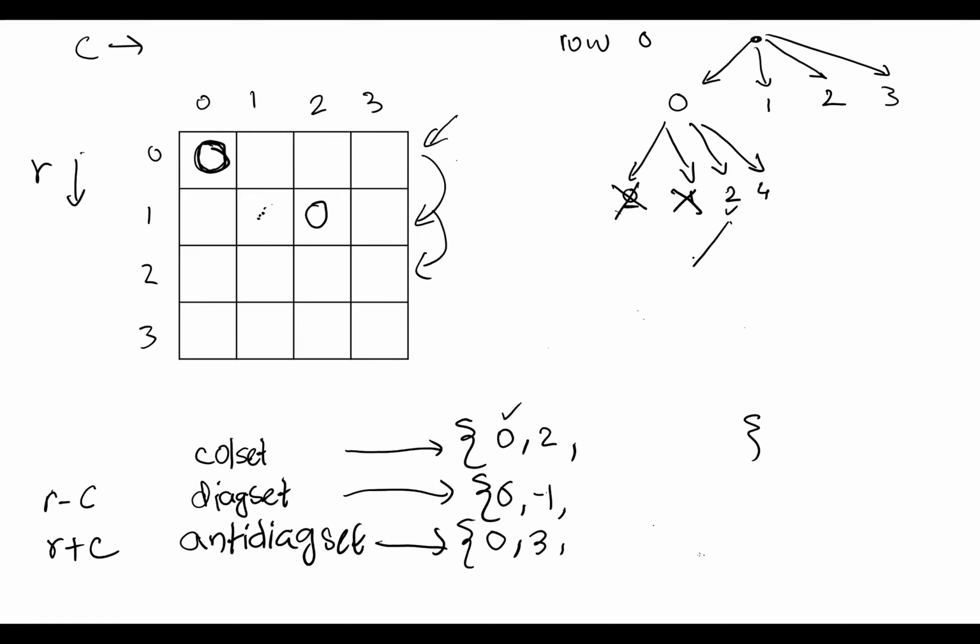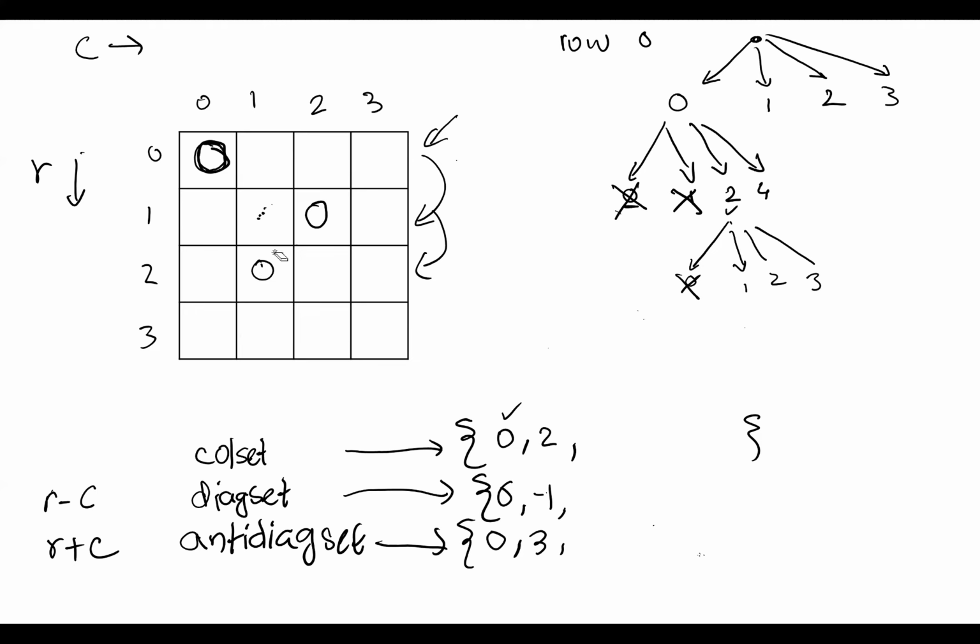This one now goes again through 0, 1, 2, 3. All options are here. 0 obviously doesn't match, it collides, so this is ruled out. For 1, the diagonal will match.